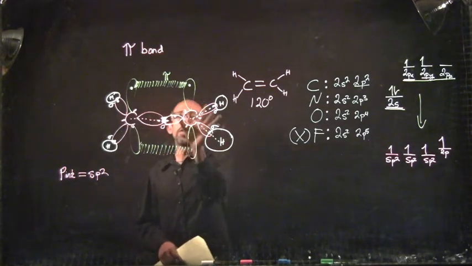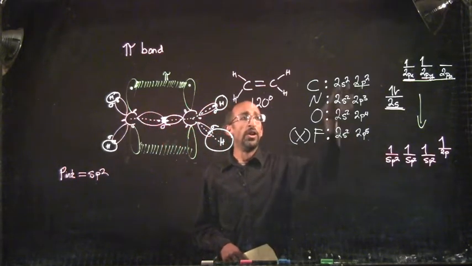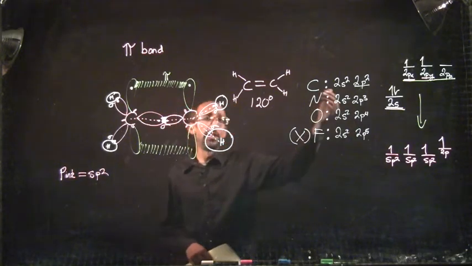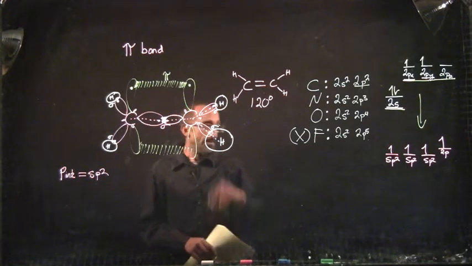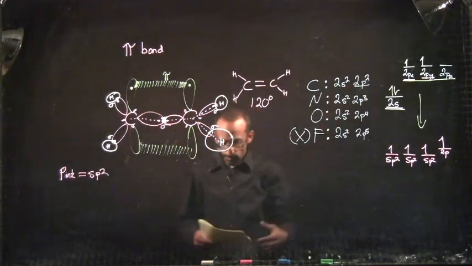Now this sp2 hybrid orbital set can be used for really any of the atoms where we need to create a double bond. So this is going to be carbon, nitrogen, and oxygen that we most frequently encounter. And each of these can take an sp2 hybridization.